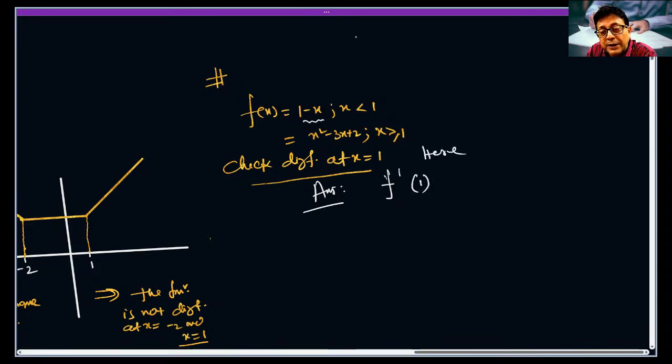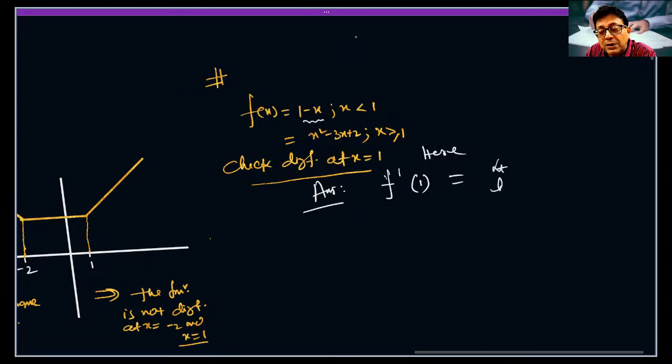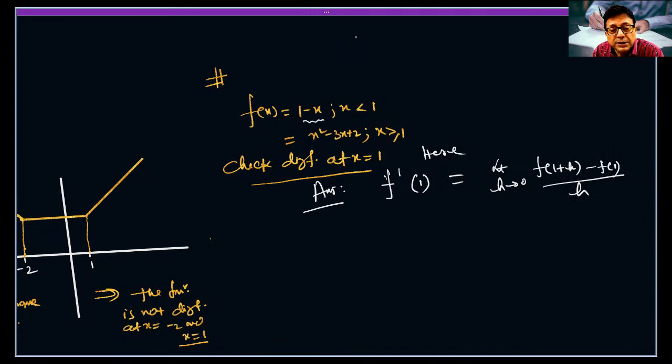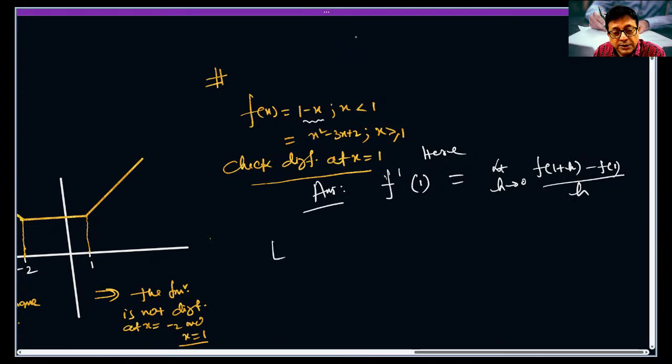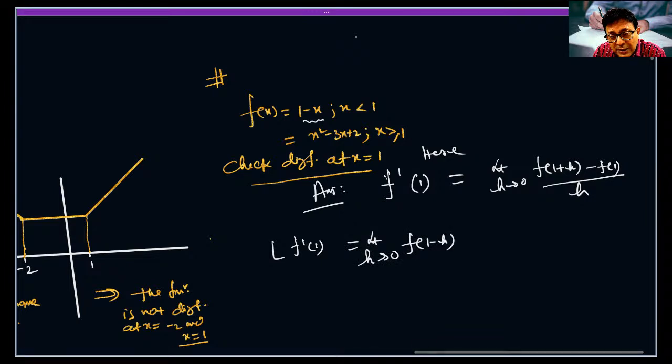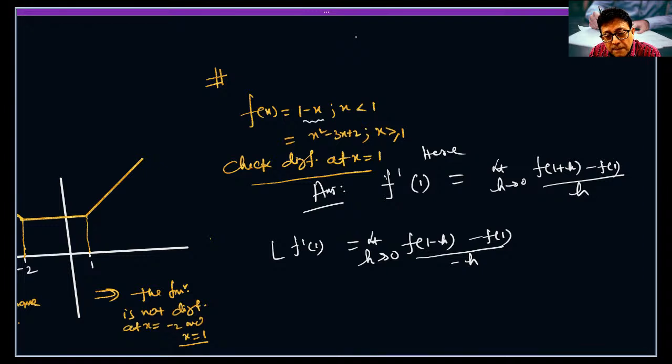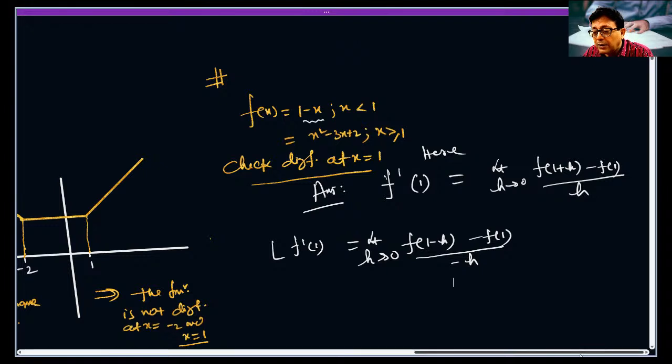Here f dash 1 is what? Limit h tending to 0, f of 1 minus h minus f1 by minus h. Then we will find L f dash 1. And what is R f dash 1?